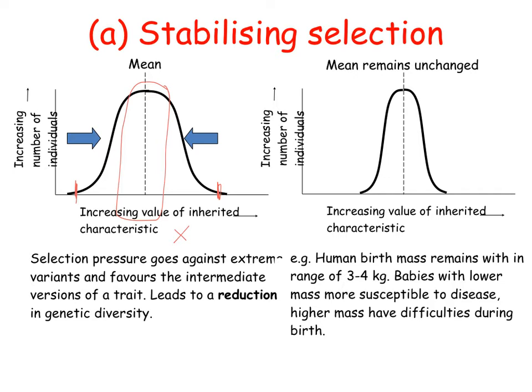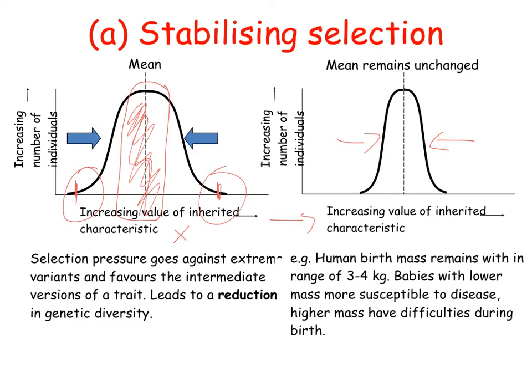Because these individuals are favoured and these ones aren't, they're going to die out, and you end up with a distribution curve that narrows, and that's what these arrows were over at the other side.